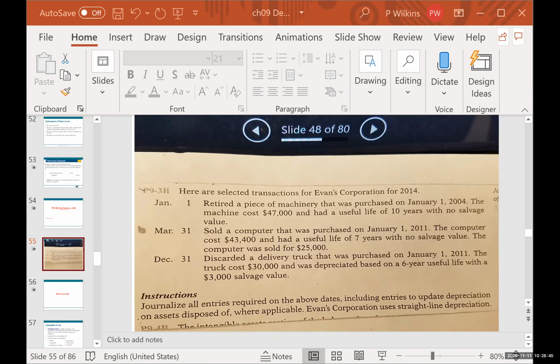Oh, sorry. So this one here is not January 1, 2004. It's January 1, 2014. These are all 2014. These are all entries for 2014.